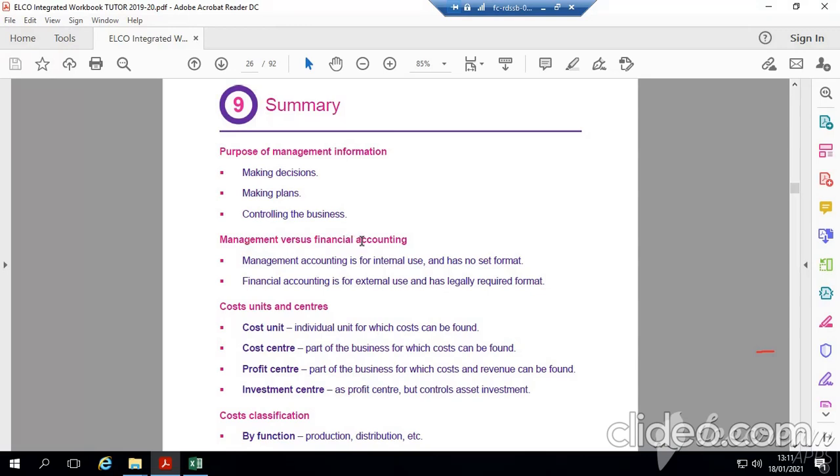Finance usually prepares a report annually, and is responsible for two important statements: the statement of financial position, relating to assets and liabilities, and the statement of profit and loss, relating to activity and expenses, showing whether we made a profit or loss. Then cost, unit and center.